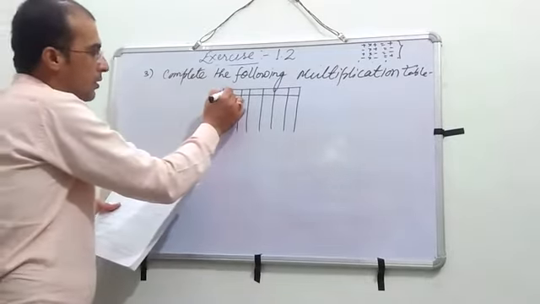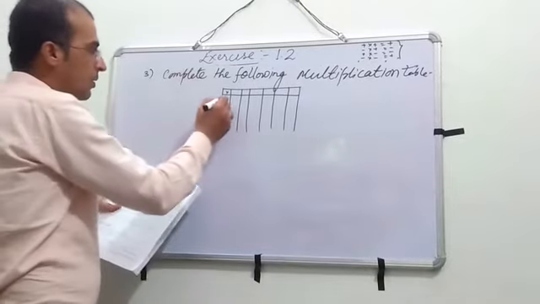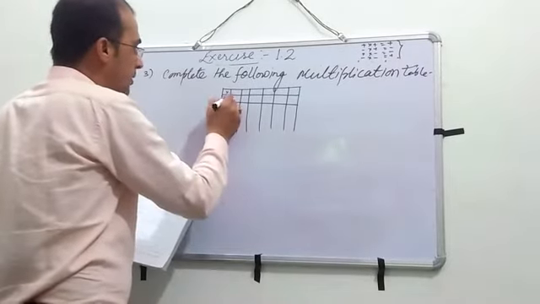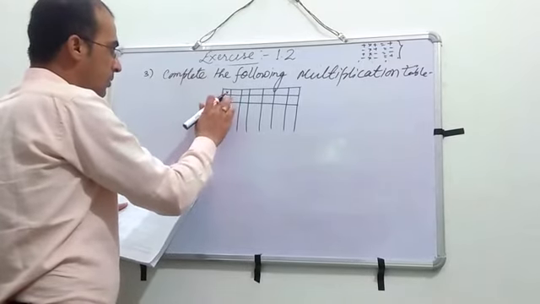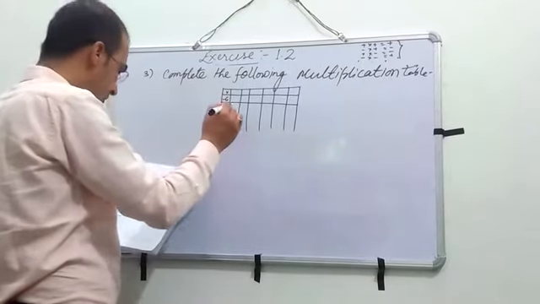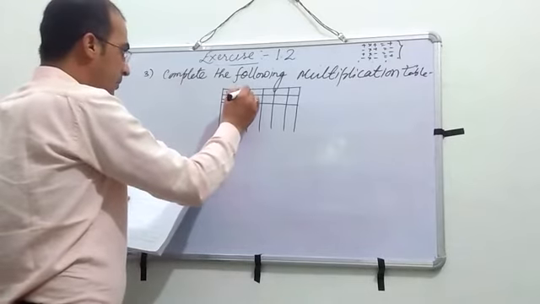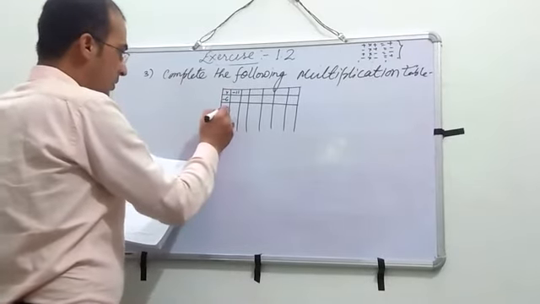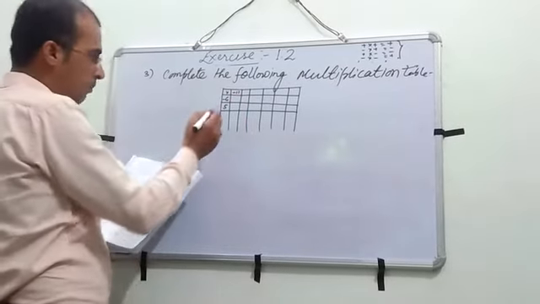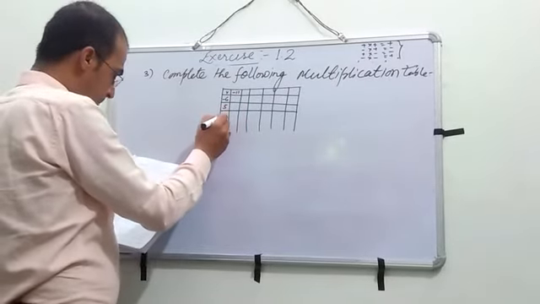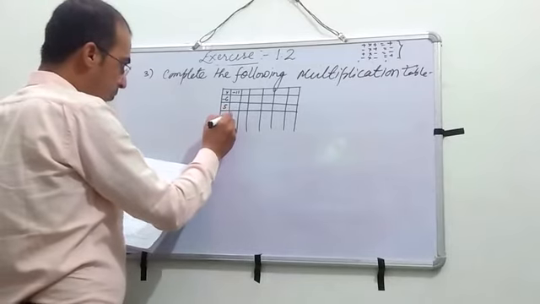This is the cross multiplication. Here it is given 6, minus 6, minus 6. Here minus 11. This is 5, plus 5. Here minus 4.